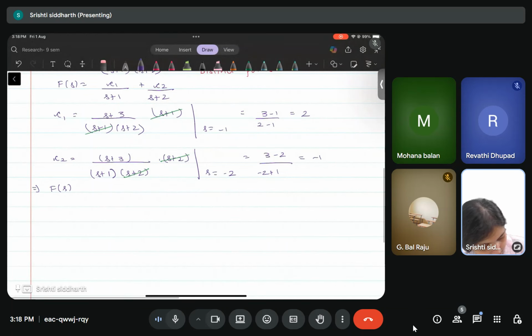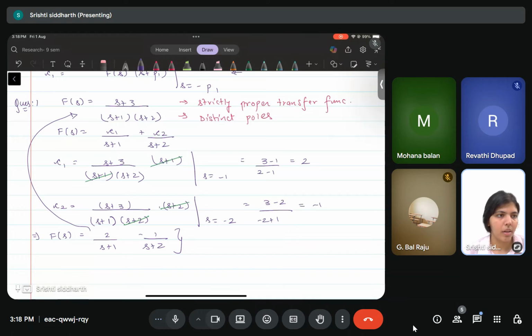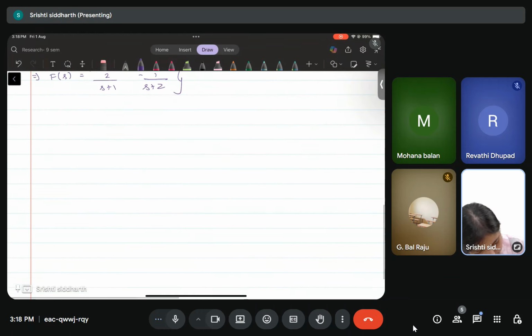So this implies that F(s) is 2 over (s plus 1) minus 1 over (s plus 2). You can also cross check that evaluating this is exactly equal to the original.